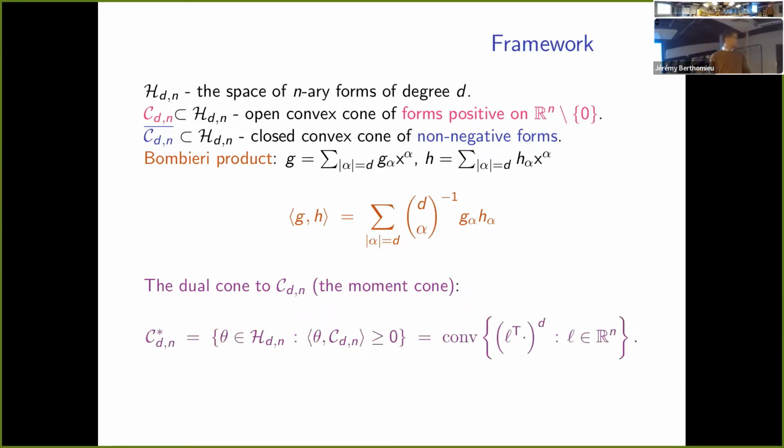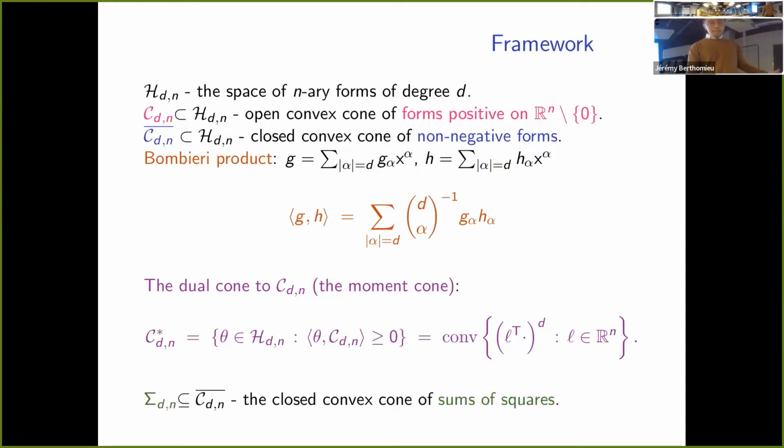So if you dualize your space of forms by this scalar product, then it can be identified with the convex hull of the image of the Veronese map, that is the convex hull of the powers of linear forms. And finally, by Sigma_{d,n}, I will just denote the cone of sums of squares.